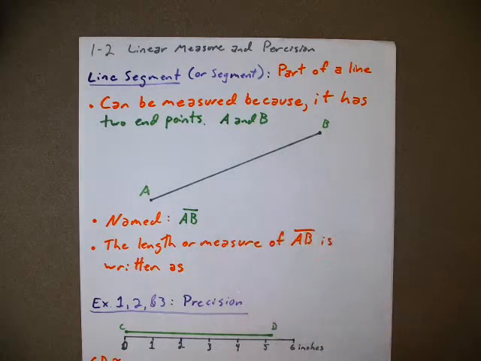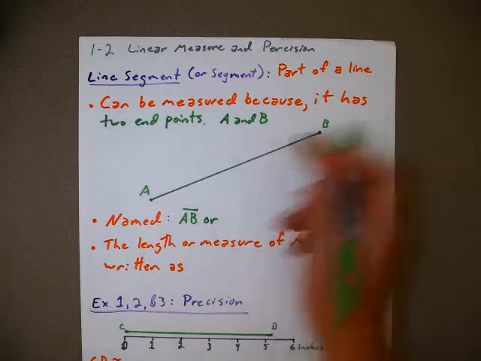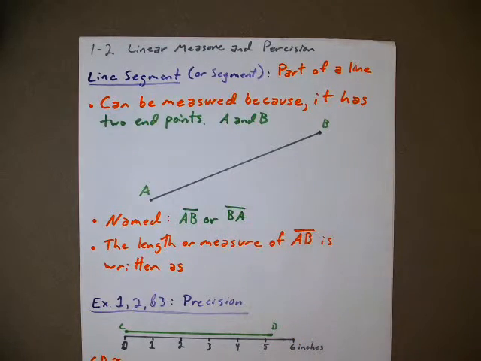A line with no arrows on it represents a line segment. It doesn't matter which order you do it, whether you go A to B or B to A. It is the same line segment.